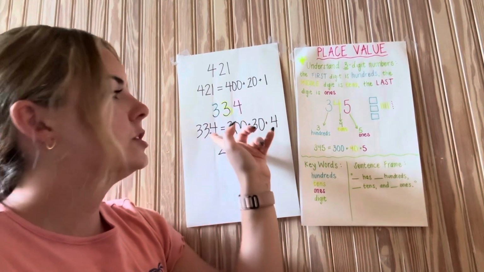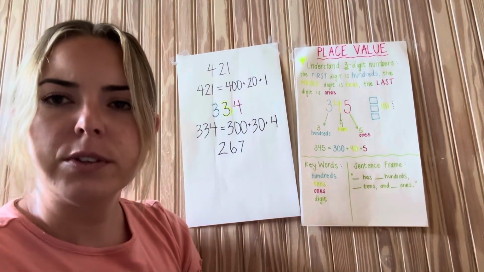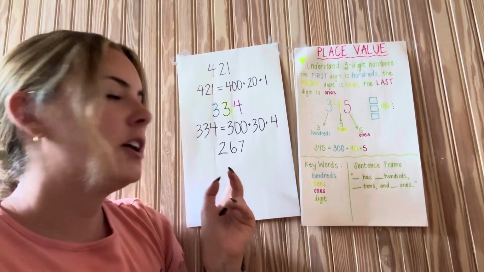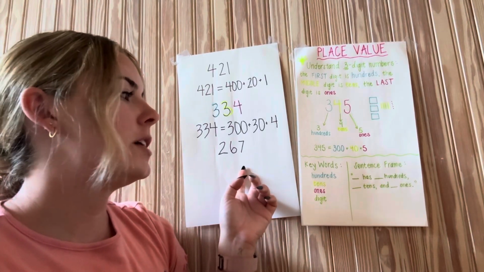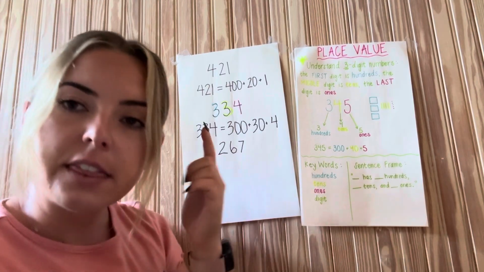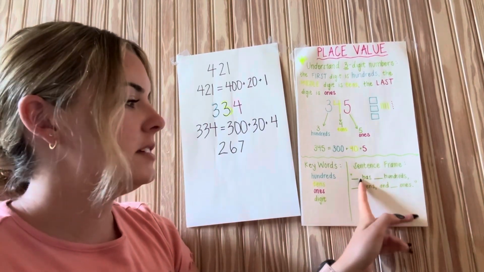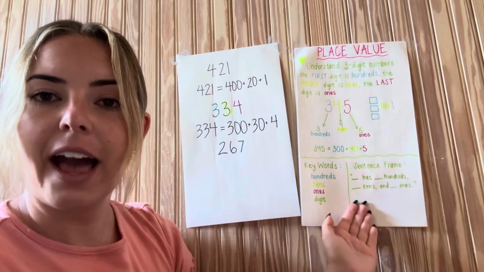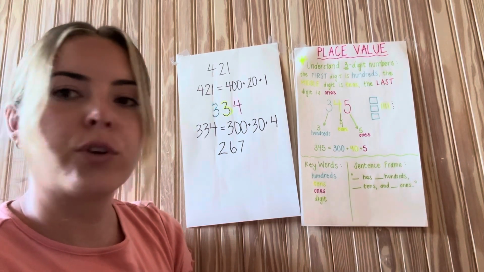And then also we just learned how to do it using equations, okay? So using one of those methods, I want you guys to think about what number is the hundreds, what number is the tens, and what number is the ones in this number, okay? And then using this sentence frame, 267 has, I want you guys to fill in the blanks and tell me how many hundreds, how many tens, and how many ones, okay? So go ahead and think about that for a moment.